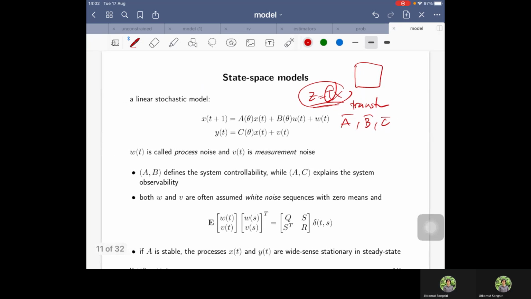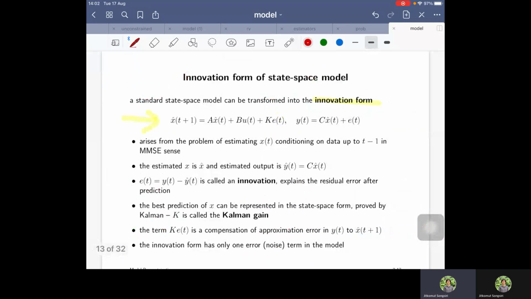Okay, this is a concept from linear system theory. Then this slide suggests that there is going to be one particular equivalent state space form that is called innovation. The state variable in this form is x hat.